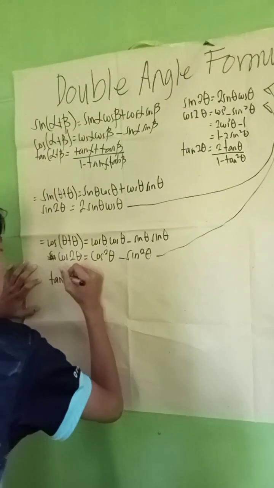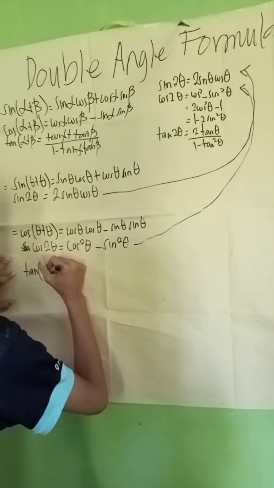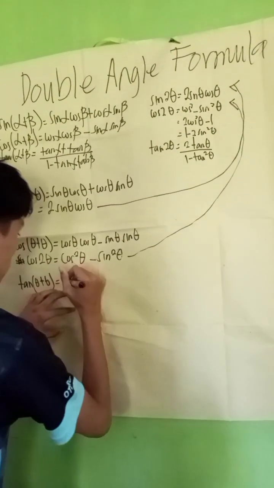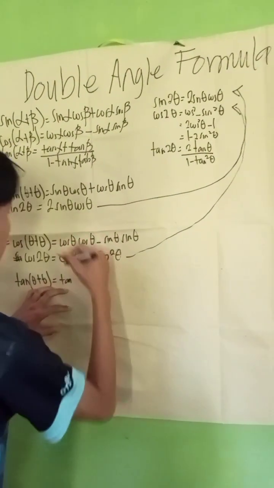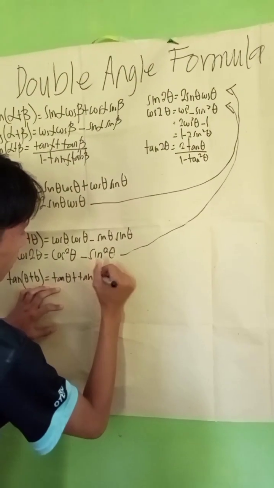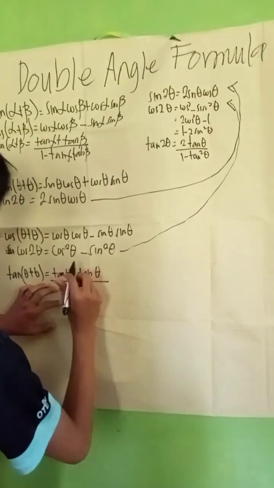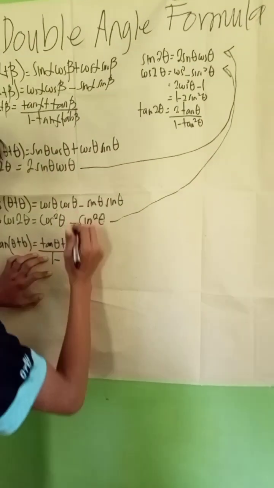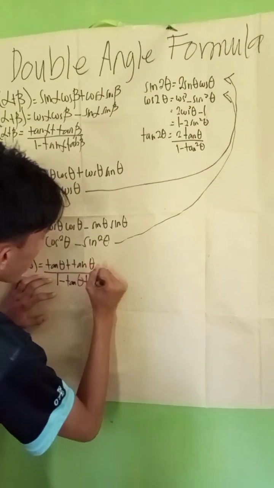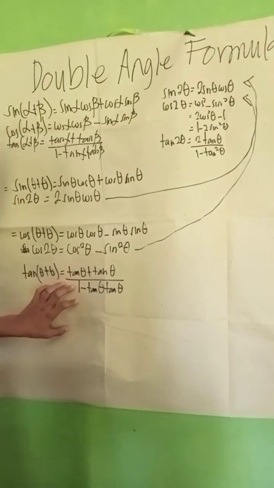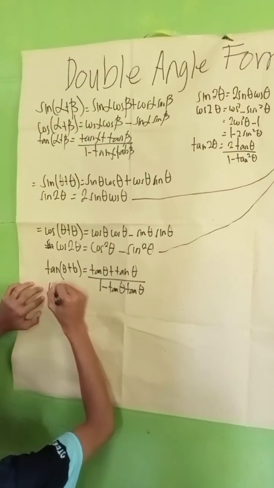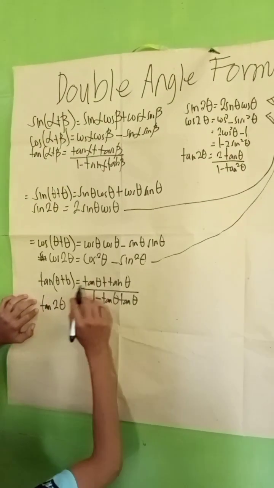So we will have tan of theta plus theta is equal to tan theta plus tan theta over 1 minus tan theta times tan theta again. So we have here tan 2 theta, since there are two thetas.